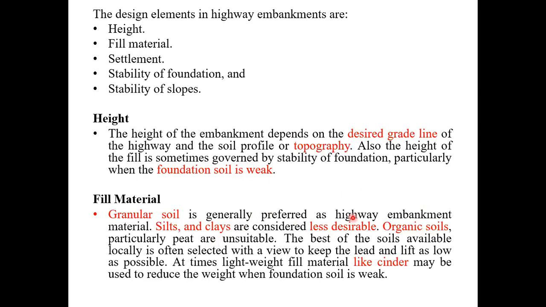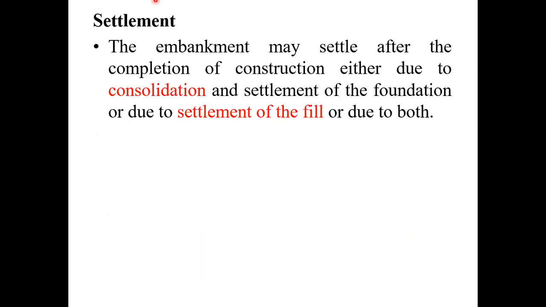So organic soils and silts and clays are not preferred; only granular soils will be preferred in the construction. You also have to survey the soils available locally so that the cost of construction will be reduced.